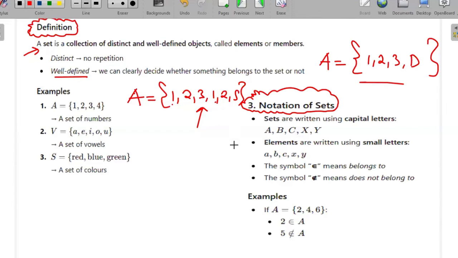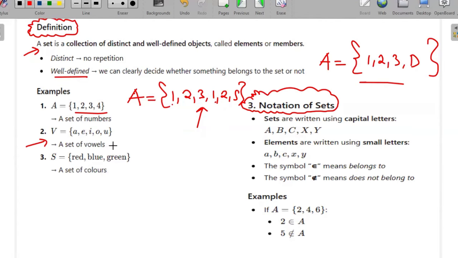Some examples of actual sets that we can have: a set of numbers, where we can end at any number that we like. Here I was saying 1, 2, 3, 4. We can clearly see that that is a set that has the numbers. There is no ambiguity about it or difficulty in understanding the set. Also, if we say the set of vowels, the A, E, I, O, U, you can see that it's well defined.